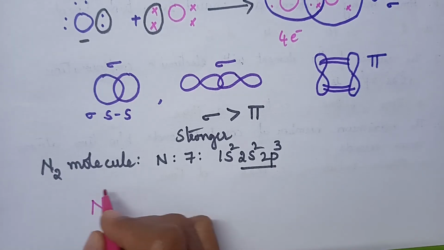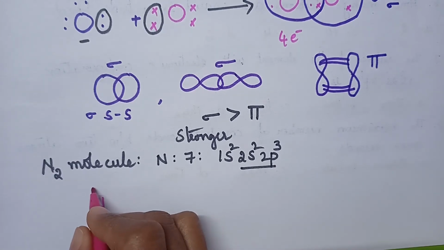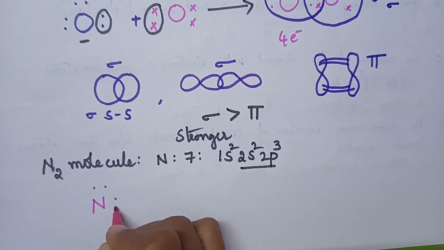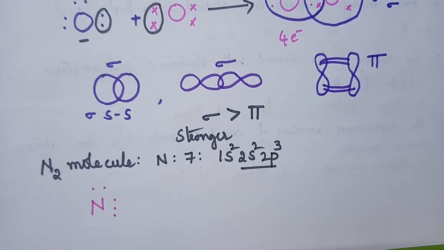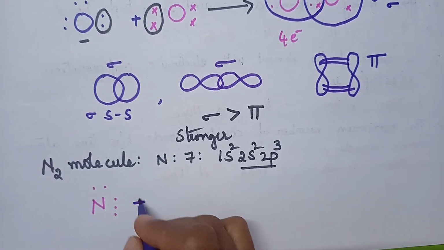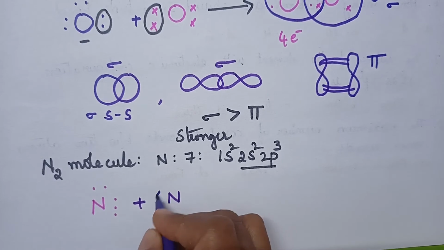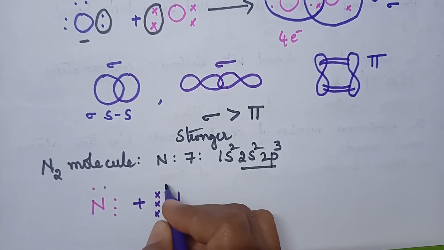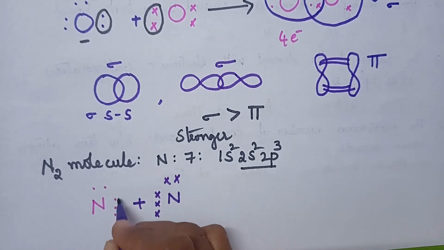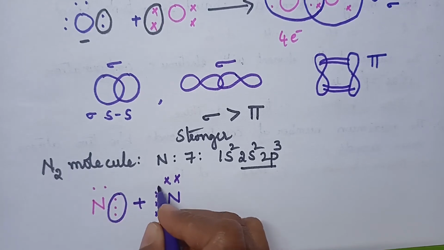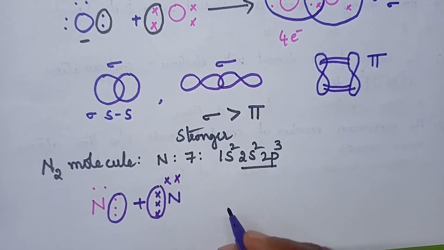Each nitrogen atom contains 5 electrons in the outermost orbit, and they require 3 more electrons. So, each nitrogen contributes 3 electrons for the sharing.